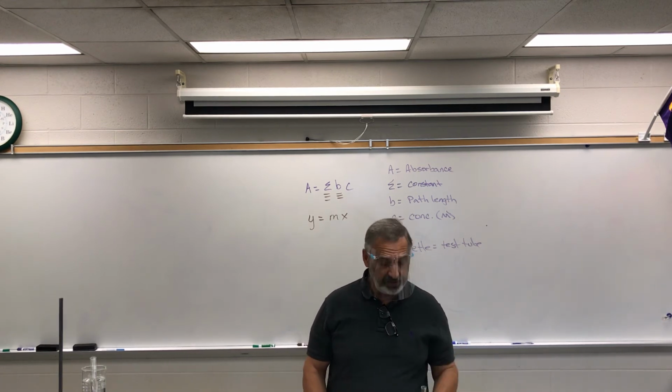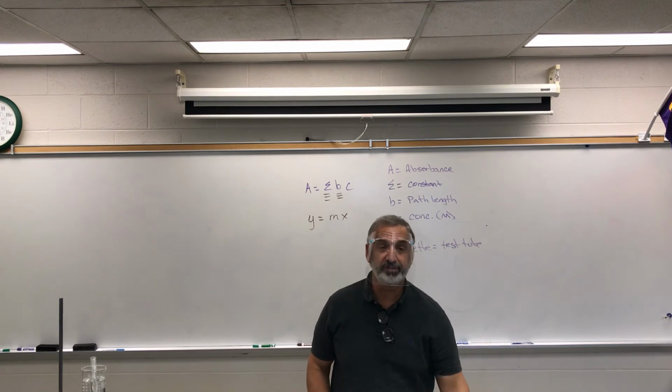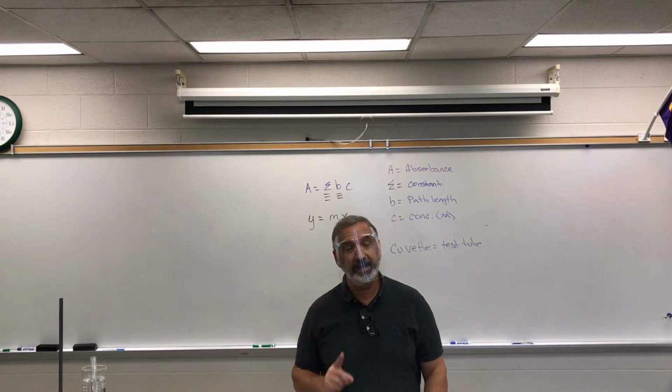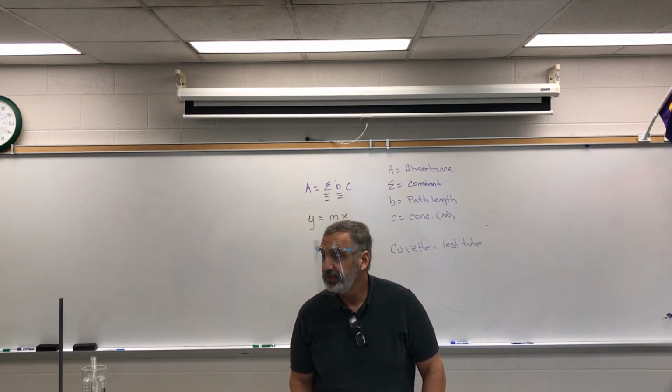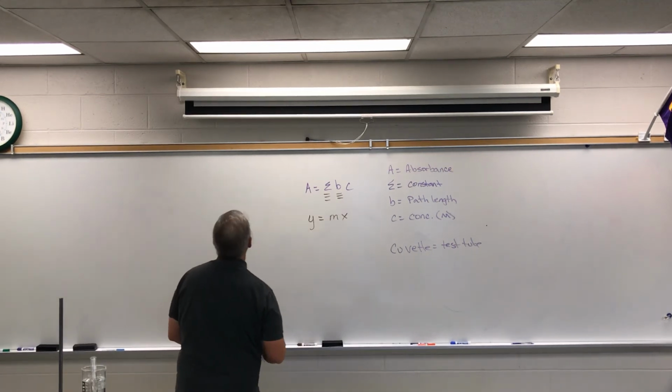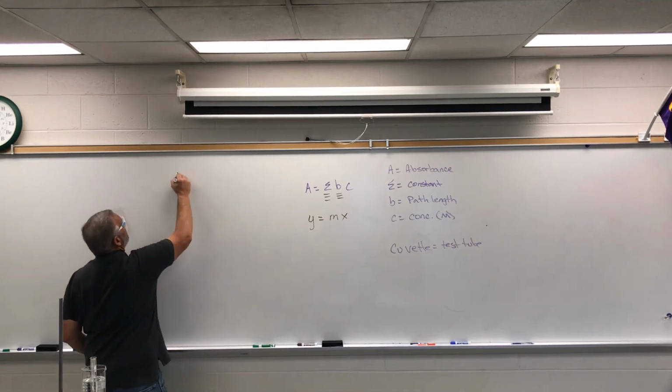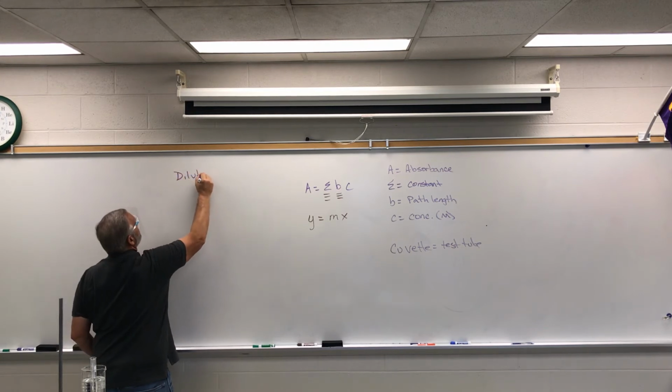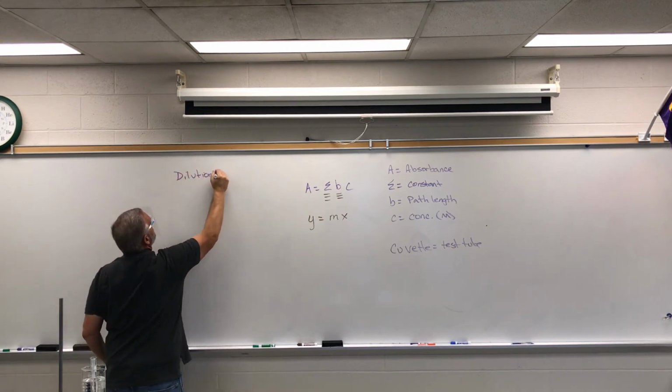Then we're going to dilute it, and who remembers the equation for dilution? I only gave it to you one time, and I forgot. I meant to stress it more in terms of how you do a dilution problem, but it's a simple equation. Nobody?